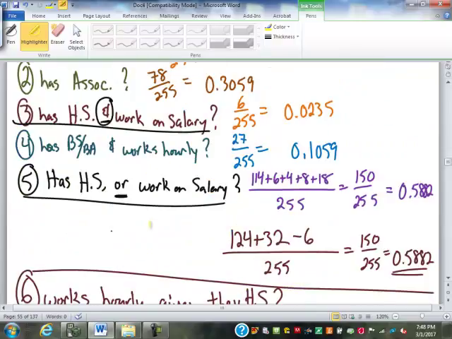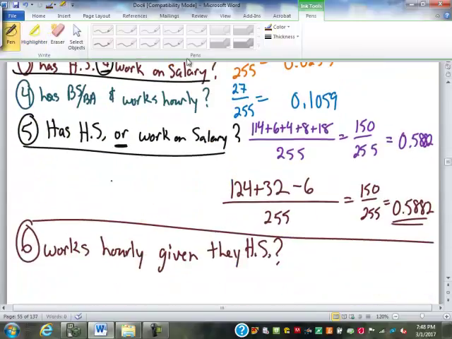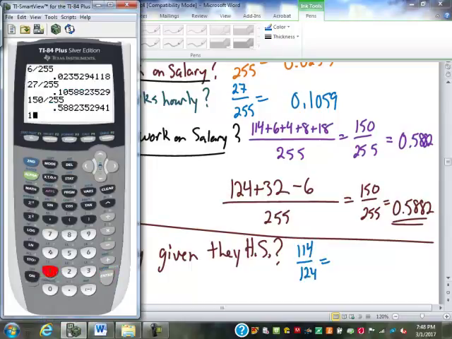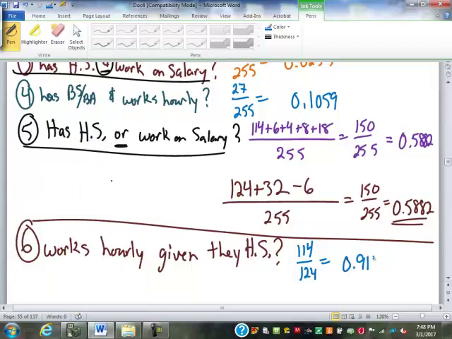So we've limited the scope of what we're looking at. So 114 over 124 is 0.9194. So there's a high probability, if we know somebody has a high school education, that they're working hourly in this company.